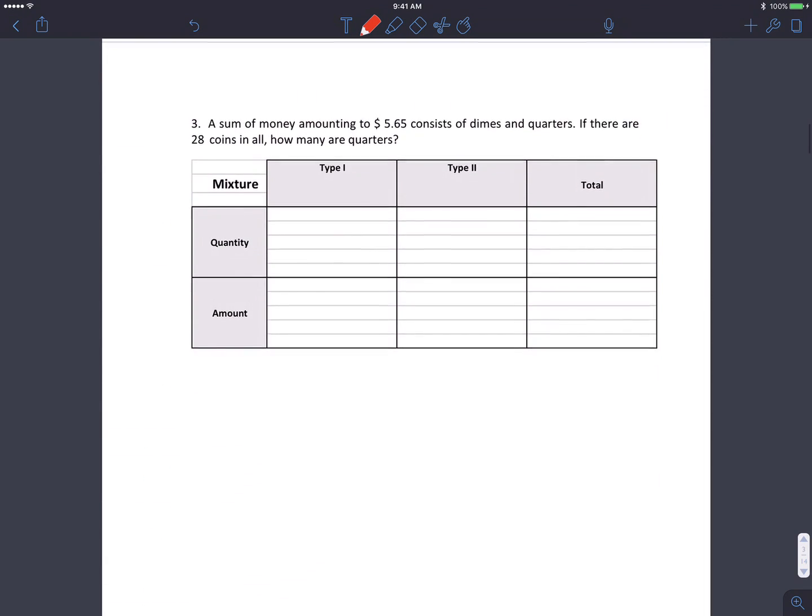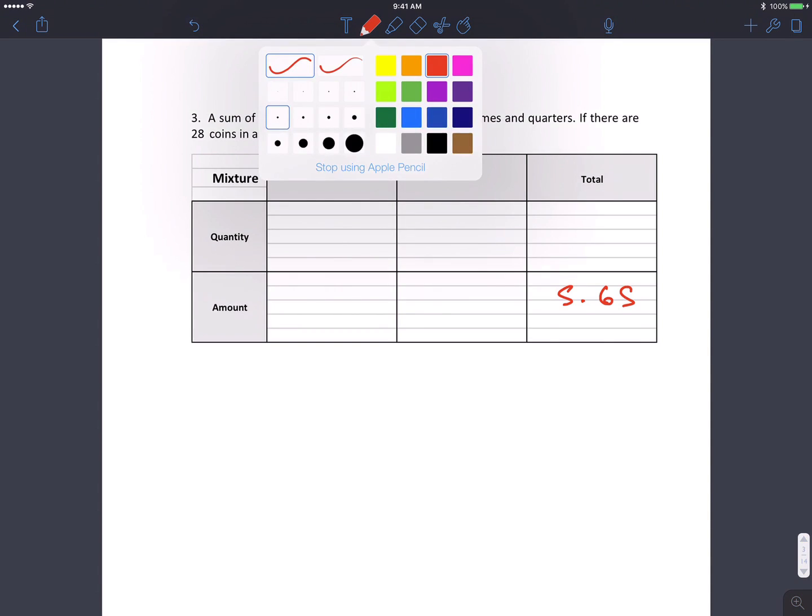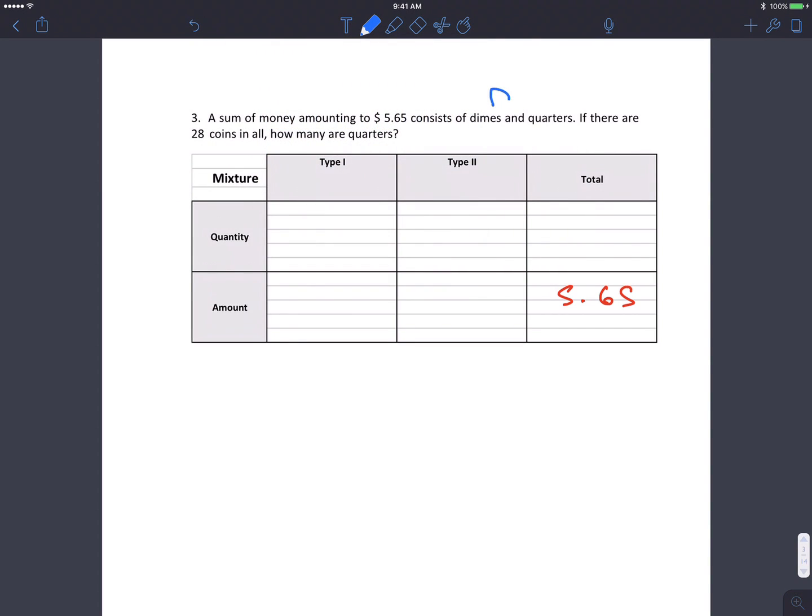Number 3, we have a sum of money amounting to $5.65. So this goes down here for the total, $5.65. Now we have dimes and quarters, so we're going to let D be the number of dimes and Q be the number of quarters.